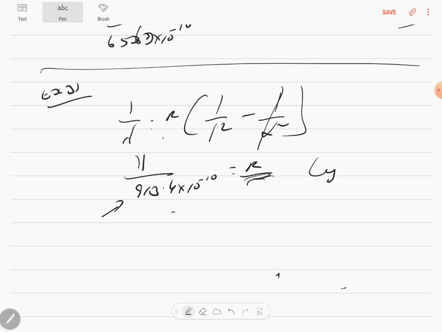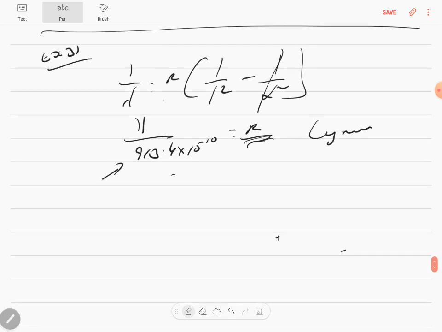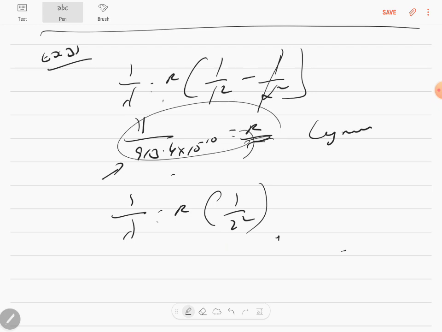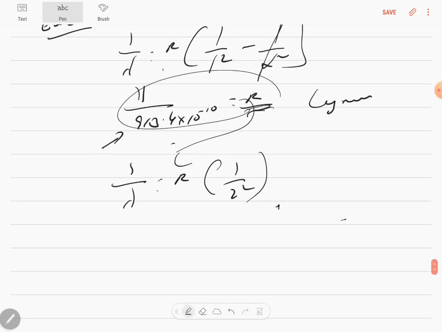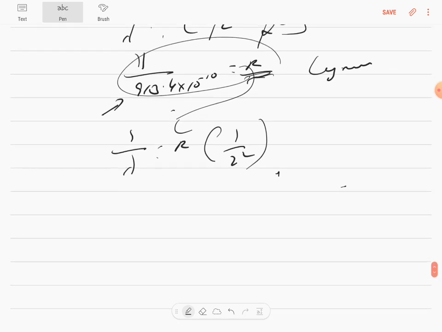This is for the Lyman series. Using this I have to find the shortest wavelength of the Balmer series. You all know that for the Balmer series it is 1 by 2 square, so just the 4 will be there. You already know R's value can be plugged in from this. So put that in and then take the reciprocal. What else can we do? Okay, forget it. Can I go to the next?